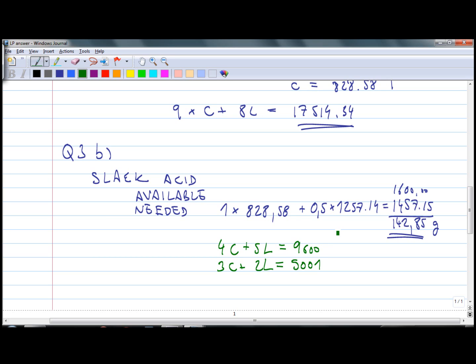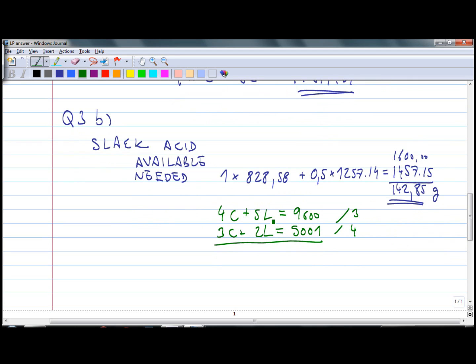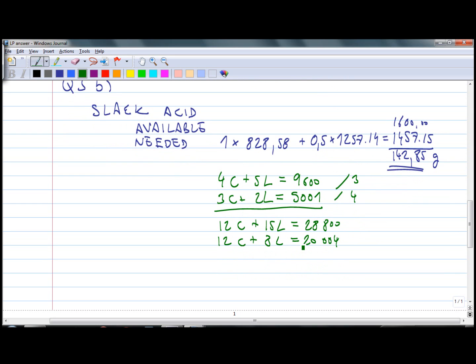9600. Now I need to solve these two equations, so I will multiply by 3, multiply by 4, and I get 12C plus 15L equals 28,800, and here I get 12C plus 8L equals 20,004.